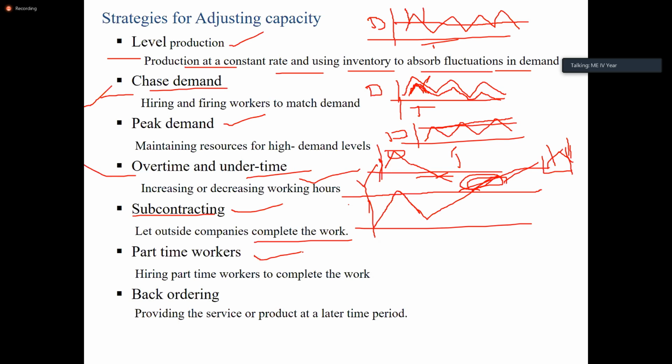Next thing is part-time workers: hiring part-time workers to complete the work. Sometimes a few companies face labor problems, some strikes they do, and many companies generally face all those things.